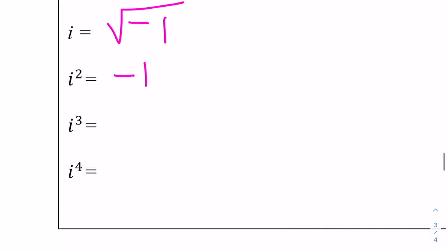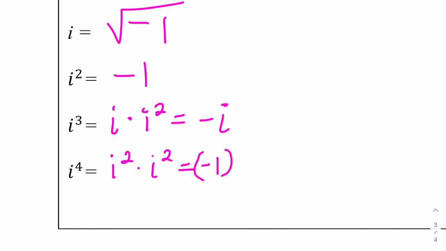Well, we can break down i cubed into i times i squared. And we know that i squared is -1, so this will equal -i. i to the 4th, well, we can split that apart into i squared times i squared, which is -1 times -1. So that'll equal 1.